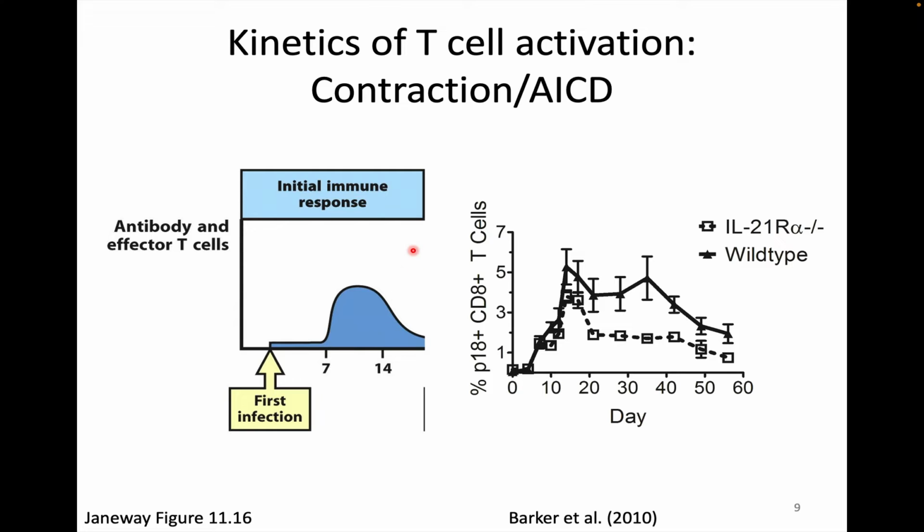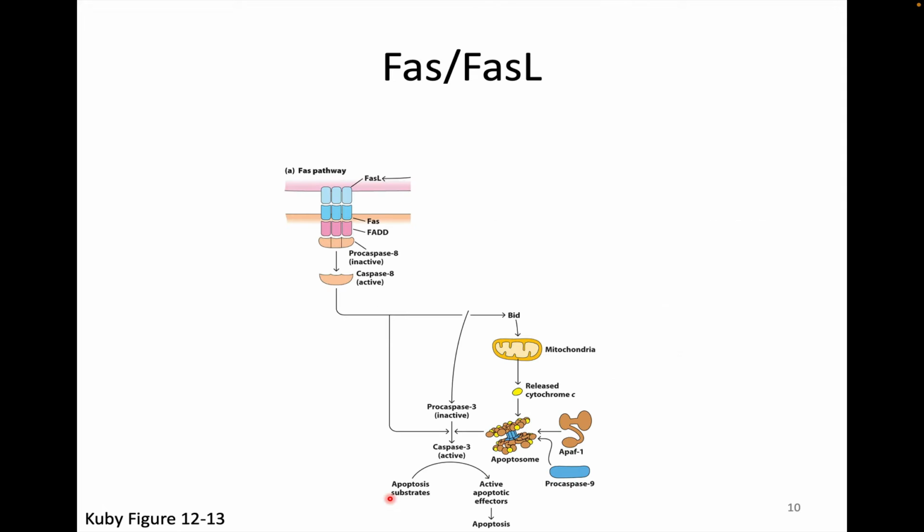And so I show you this in both a cartoon form on the left, but if you look at this real response that I measured in mice on the right, you can easily see that contraction phase as well. One of the proteins that's really critical for this contraction phase is a protein that you've already heard about this semester, which is Fas.